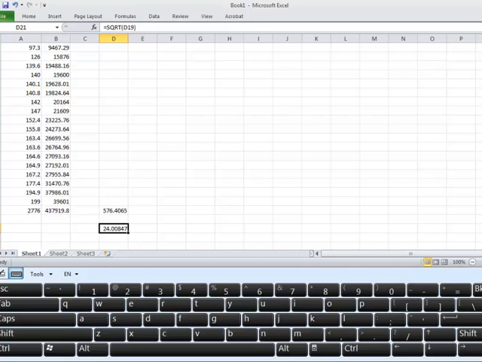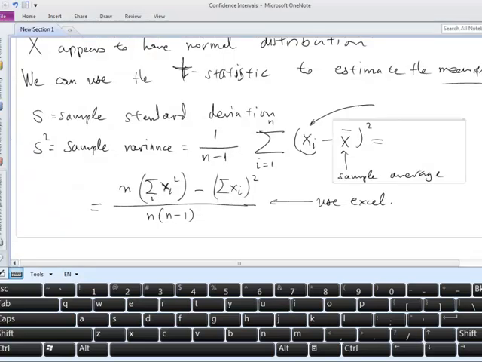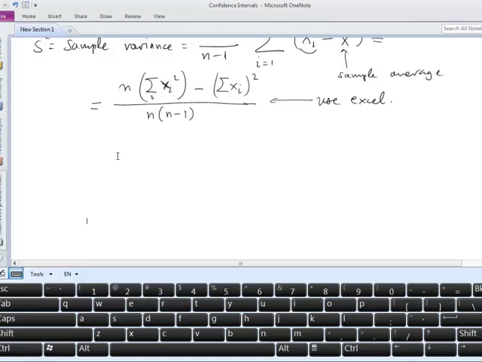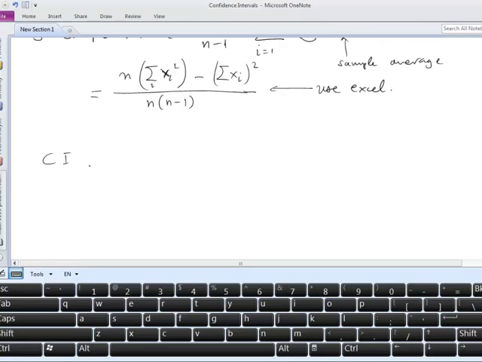That's my sample standard deviation. So now my actual formula would be the following. The confidence interval is given by x bar minus t times the sample standard deviation divided by the square root of the sample size, and again x bar plus the same quantity. Suppose that I want to do a 95% confidence interval.